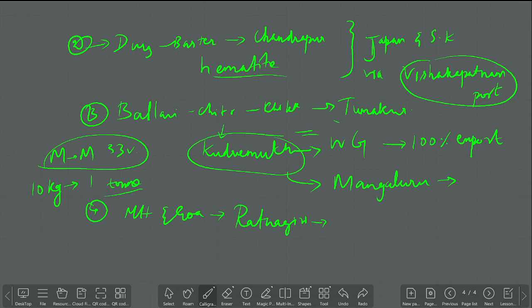Do you understand? In case of ferrous minerals you have studied 2. What are those? Iron ore and manganese. Okay, good. Then the other thing, non-ferrous, which has no iron content.